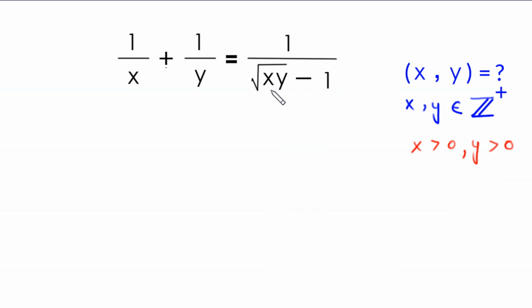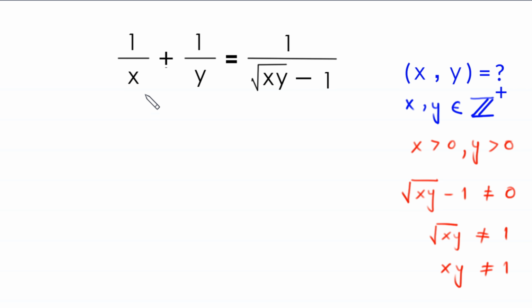this denominator root xy minus 1 cannot be equal to 0, because dividing by 0 is undefined, and this implies that root xy cannot be equal to 1, and this implies that xy cannot be equal to 1.